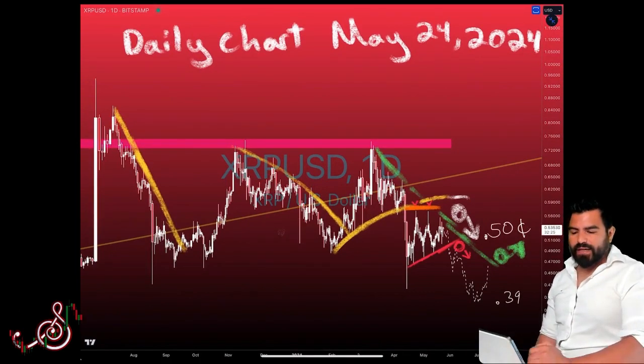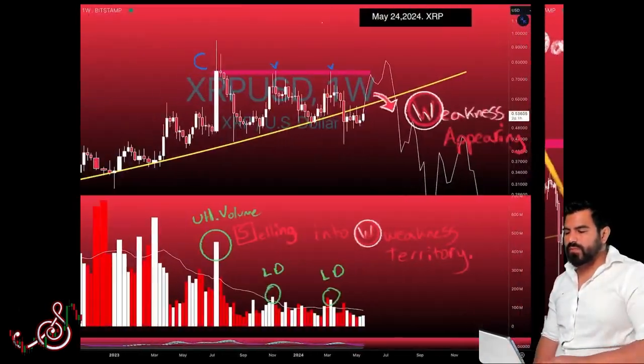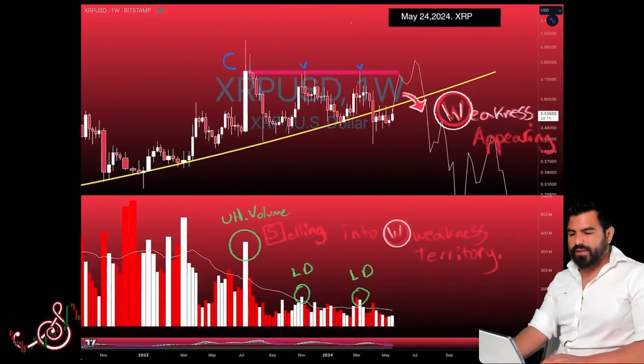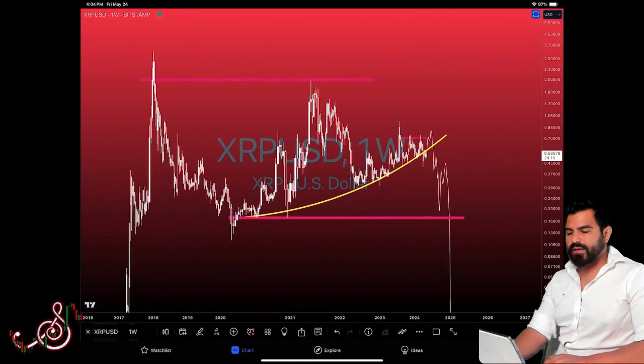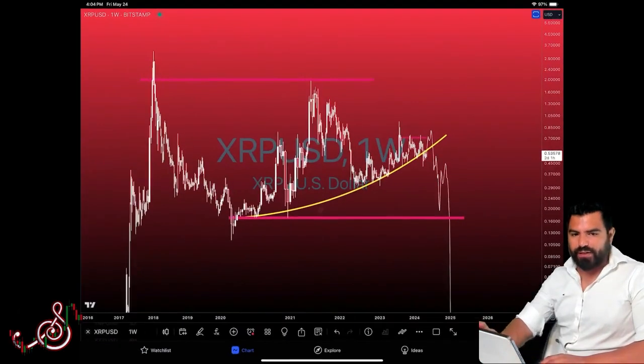So for me, I'm expecting lower prices on the higher time frames. I'm going to expect even lower prices than the 39. I'm going to be expecting these lows. I'm expecting prices closer to 19, somewhere over here.